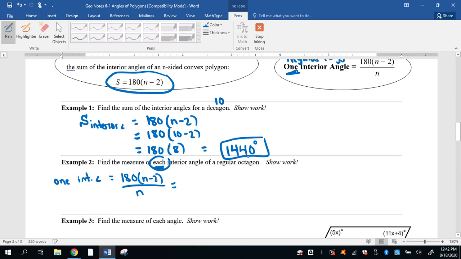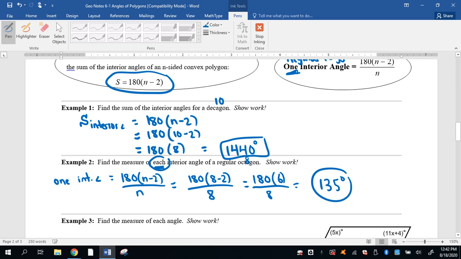Octagon is 8, so we have 180 times the quantity 8 minus 2, over 8. So that's 180 times 6 over 8. 180 times 6 divided by 8 is 135 degrees. As long as you know the formulas, write them down, use them.